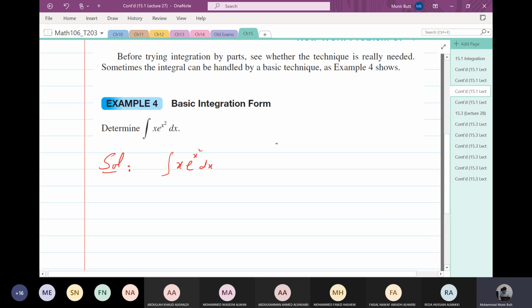Anyone remember that we have solved this one? Any idea?